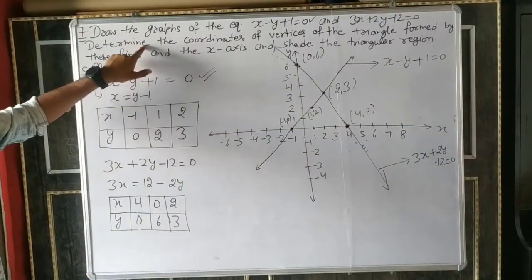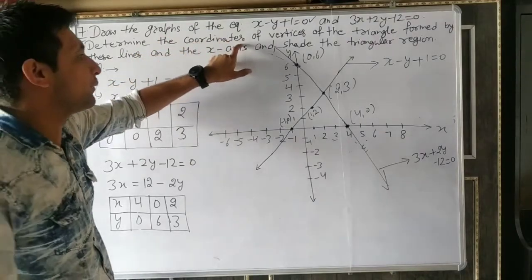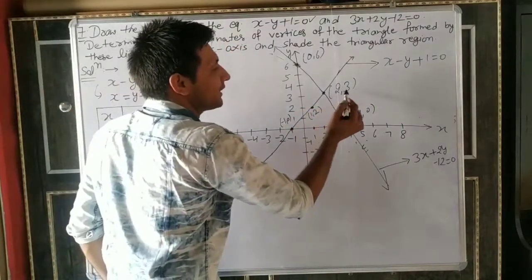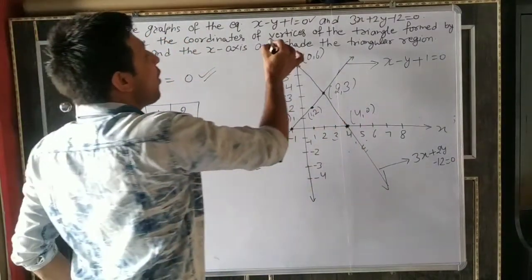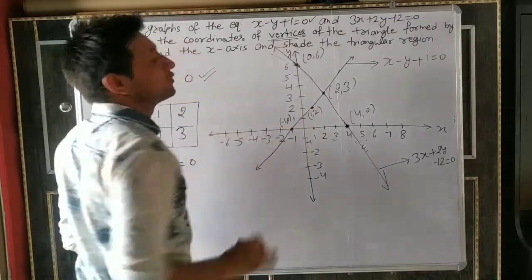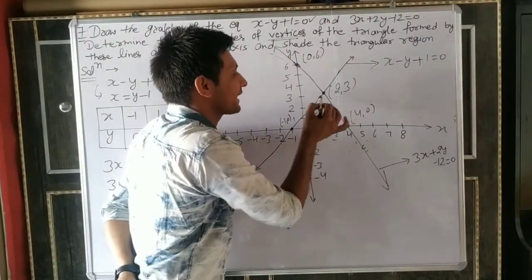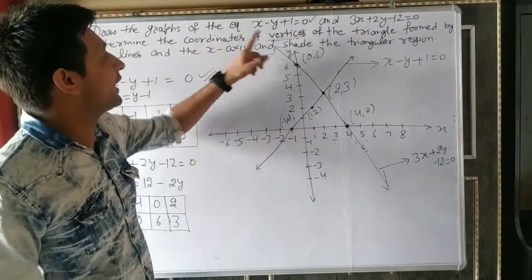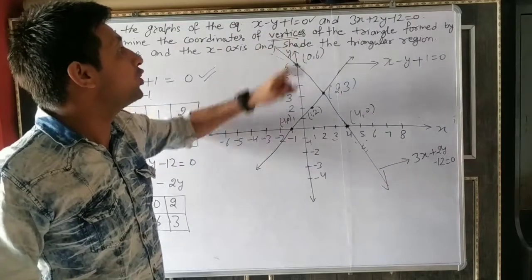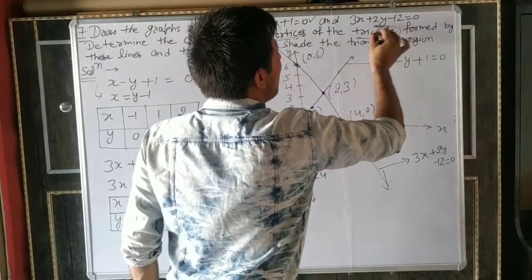Determine, meaning find, the coordinates. Coordinate means the x coordinate and y coordinate. So we have to find the coordinates of the vertices. Vertices means this point is called a vertex. So we have to find the coordinates of the vertices of the triangle.